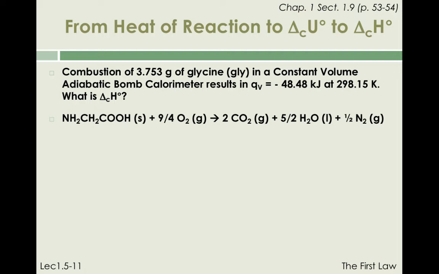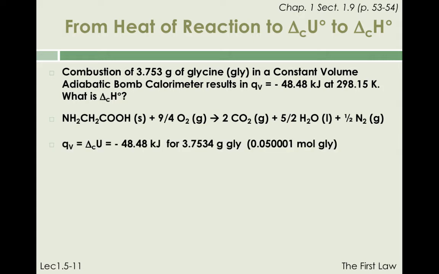Next, we recall that the reaction carried out in an adiabatic bomb calorimeter occurs at constant volume. So the heat of combustion is equal to the change in energy for the combustion, which we write as delta C, again C for combustion, U. Note that this is not the standard combustion energy, because we would have written delta C U standard, since delta C U standard corresponds to the heat at constant volume for 1 mole of reaction equation.